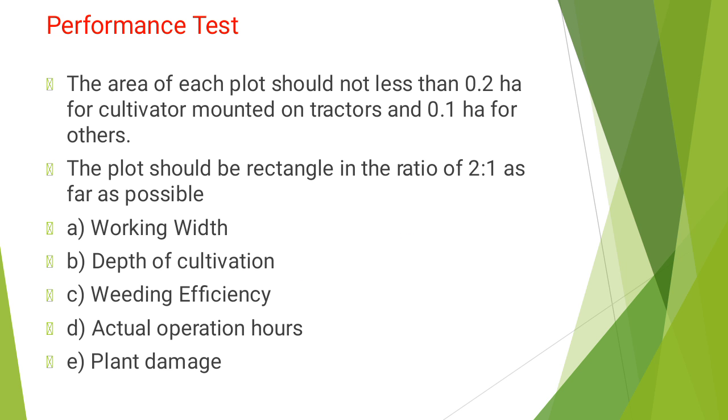In the performance test, the area of each plot should be not less than 0.2 hectare for cultivators mounted on tractors and 0.1 hectare for others.